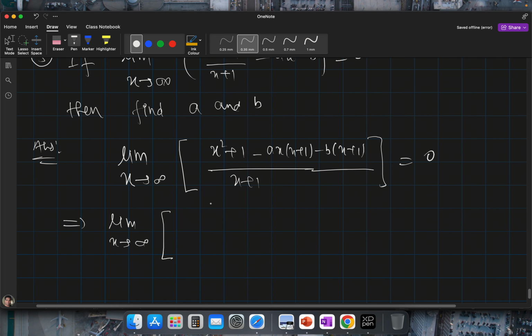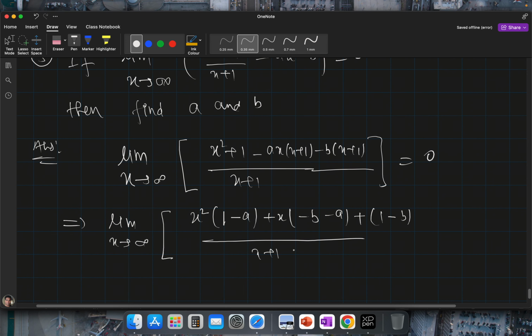So this is x square, so I will take the common of x square, that will be 1 minus a. Okay, now if I take common x, this will be minus b minus a, and the constant term will be 1 minus b, divided by x plus 1.